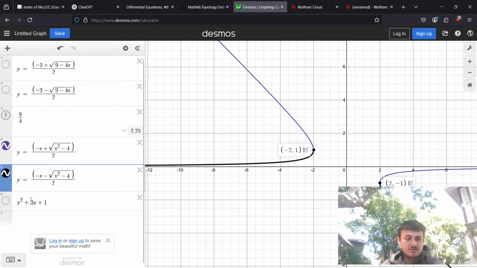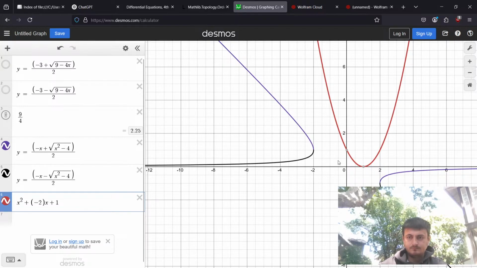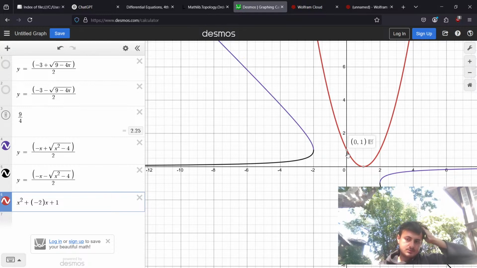Wait, should we expect to get 0? Hold on, let me think about this. So what are we talking about? We're talking about the linearization at A equal to -2.